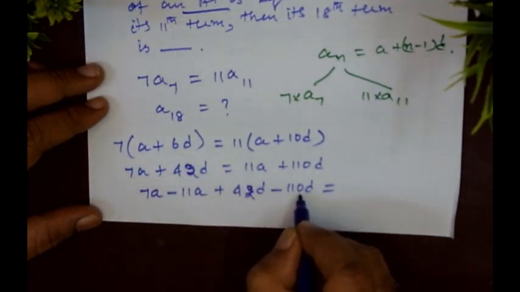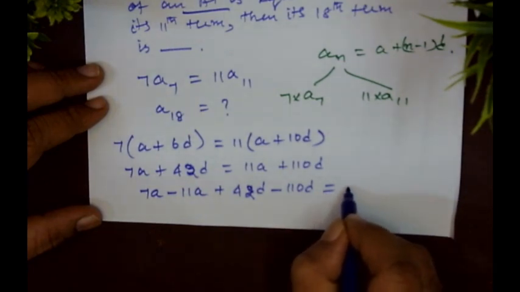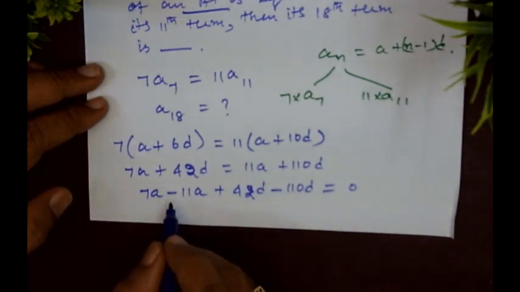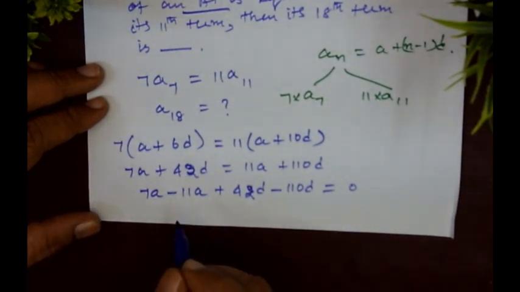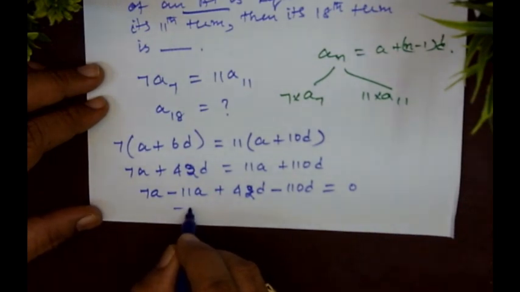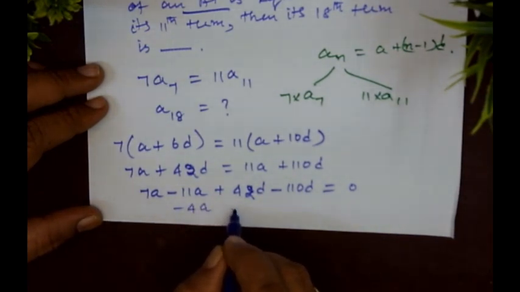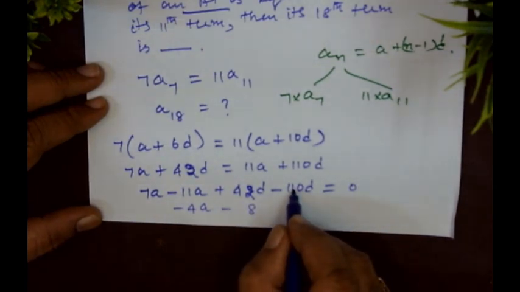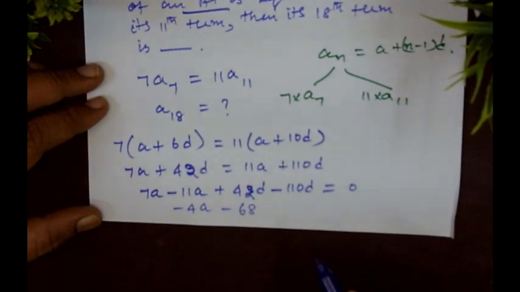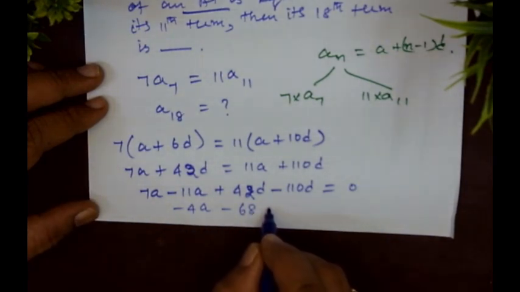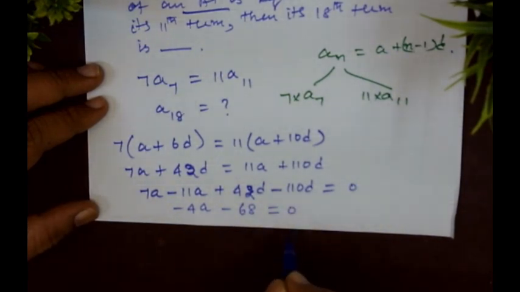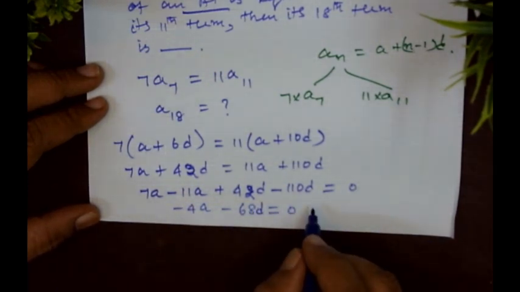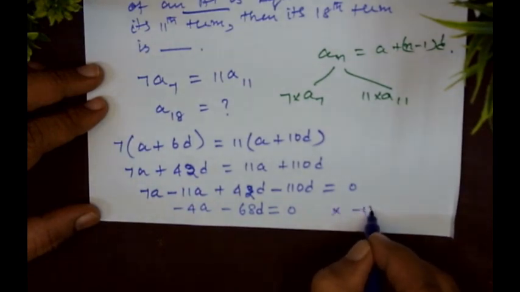So 42d minus 110d is equal to 0. So 11a minus 7a is 4a, and then 10 minus 2 is 8, and 8 minus 4 is 6. So 68d is equal to 0. We can convert this into positive by multiplying by minus 1.